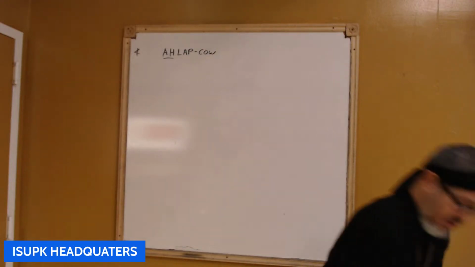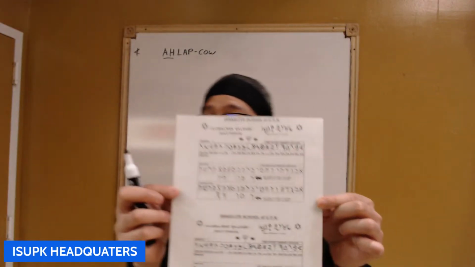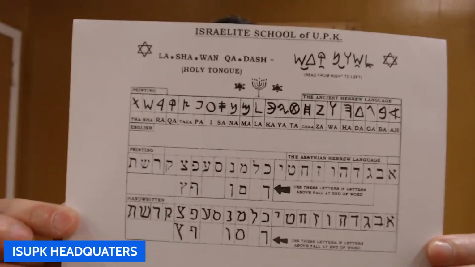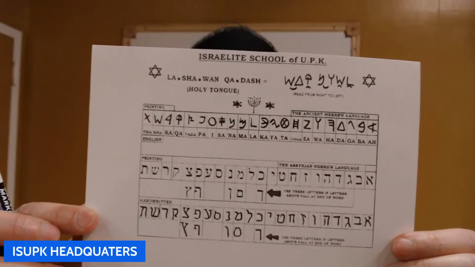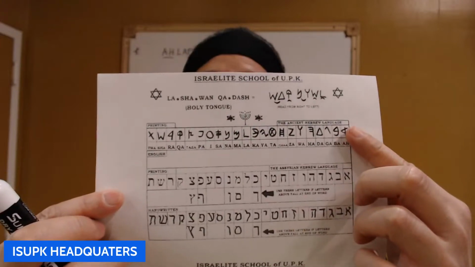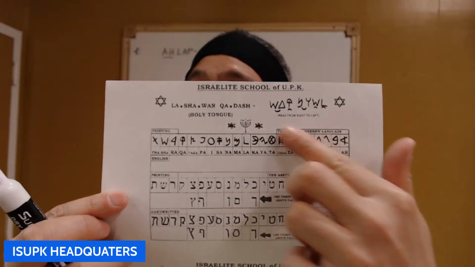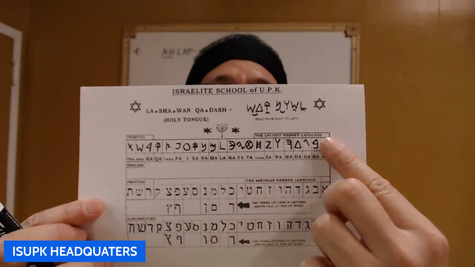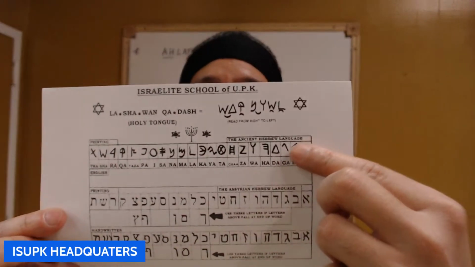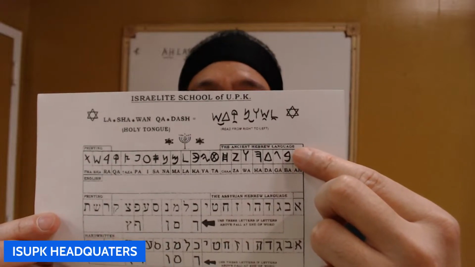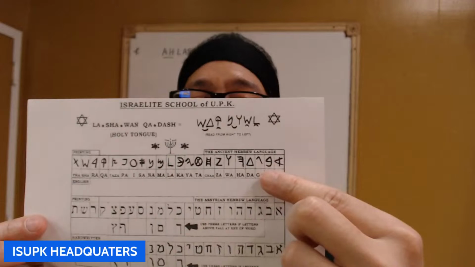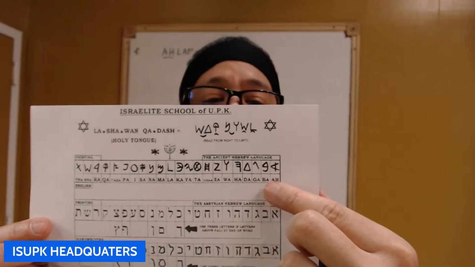And when you come to class, make sure you get one of these. This is very important because this is how I learned it. You'll see it's written from left to right. You have the Hebrew ancient up top, and then the English pronunciation underneath it.